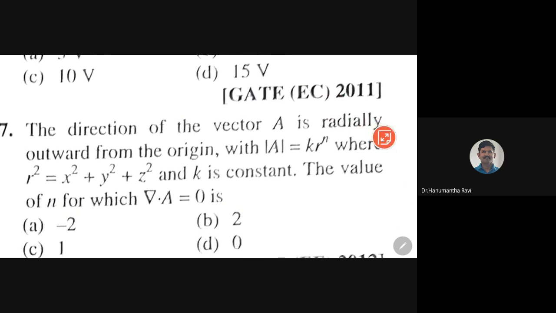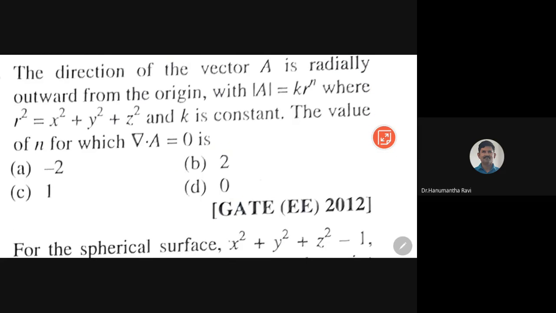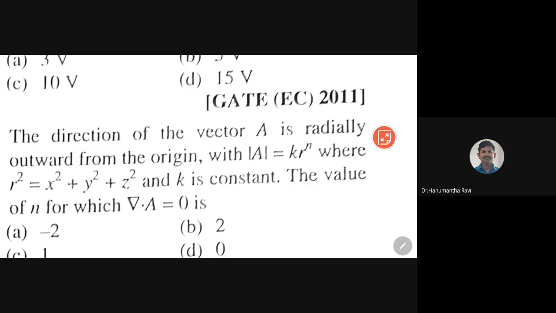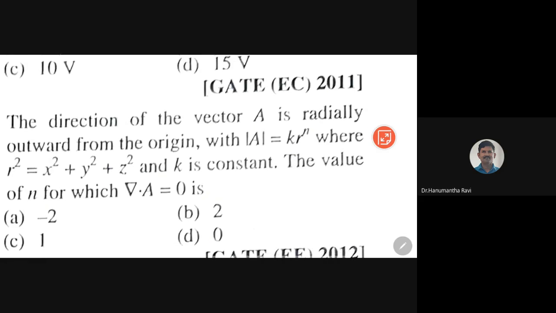Okay. I will take this problem. The direction of the vector a bar is radially outward from the origin, and modulus of a is k r power n, where r square is x square plus y square plus z square and k is a constant.